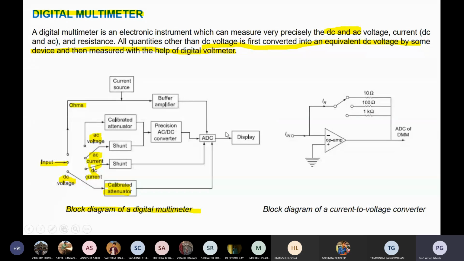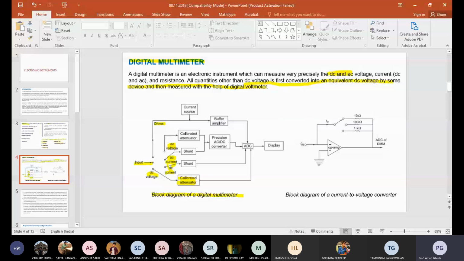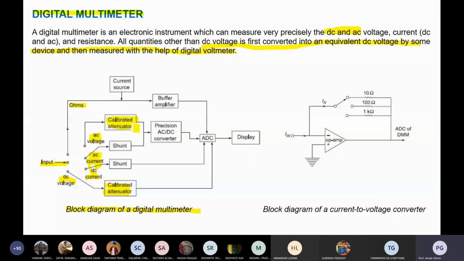So what are the specifications and what are the points you can observe here. The calibrated attenuator: calibration is the most important thing. Why is calibration important? If the calibrated values are not there, you are not able to mitigate that error. That's why it is called an attenuator.